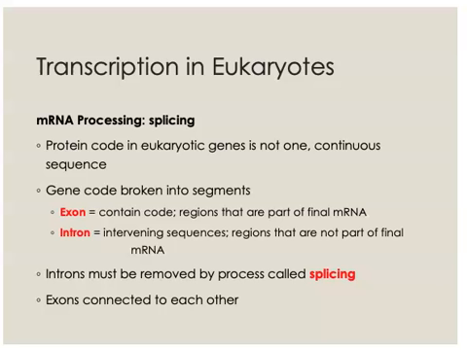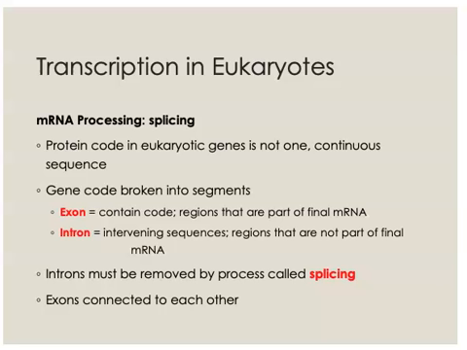Now we're going to talk a little bit about this processing that occurs in mRNA in eukaryotic cells. Remember, the first thing that happens to the mRNA once it's produced through transcription is this process called splicing.